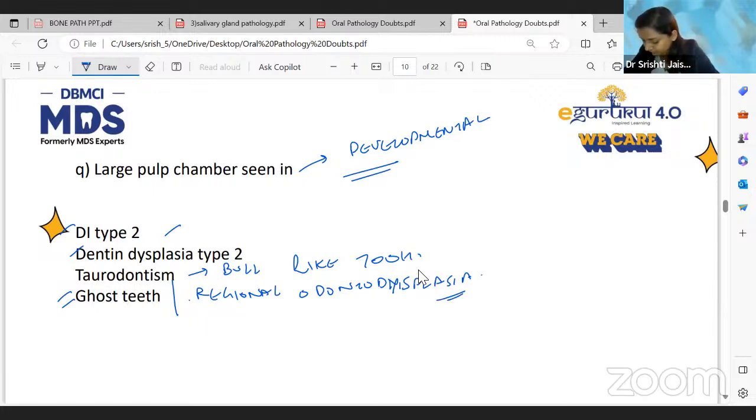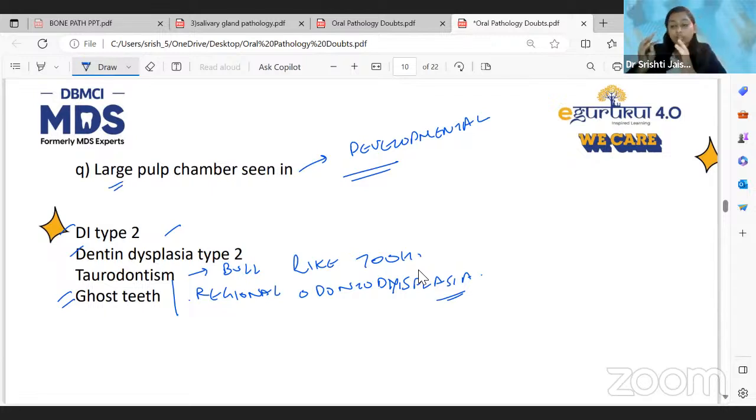What is the difference between dentine dysplasia and dentinogenesis imperfecta? We have already discussed dentinogenesis imperfecta in the live classes. Here we see normal enamel while there is a defect in the dentine formation. So in type 2, why do we see a large pulp chamber?